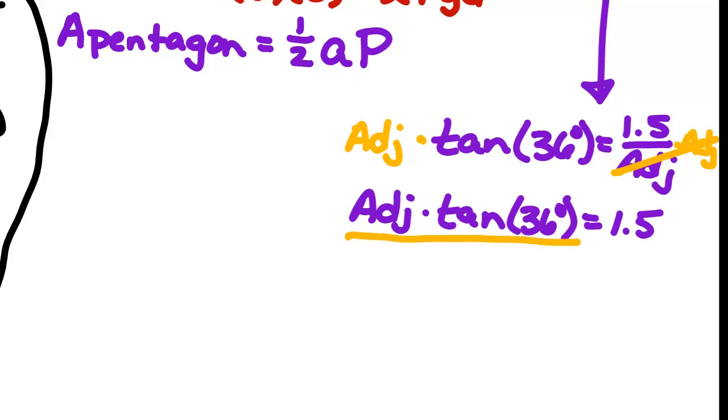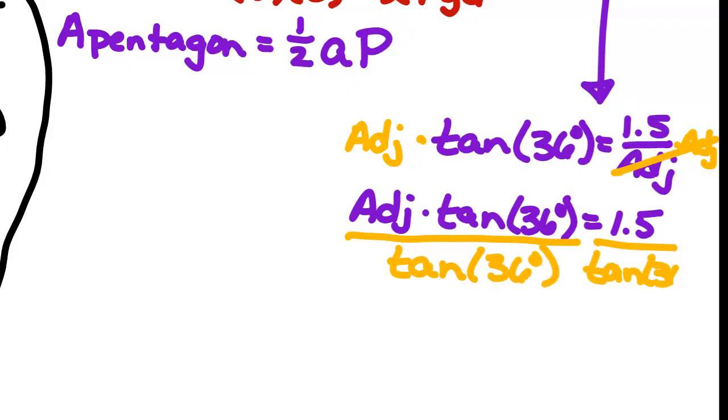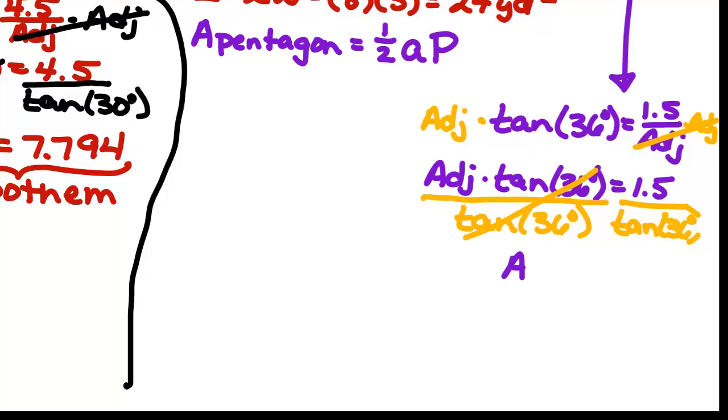Divide. We're going to divide by the tangent of 36 degrees. Cancels out over on the left. And how big is our adjacent side then? 2.064, yes. This is the apothem.